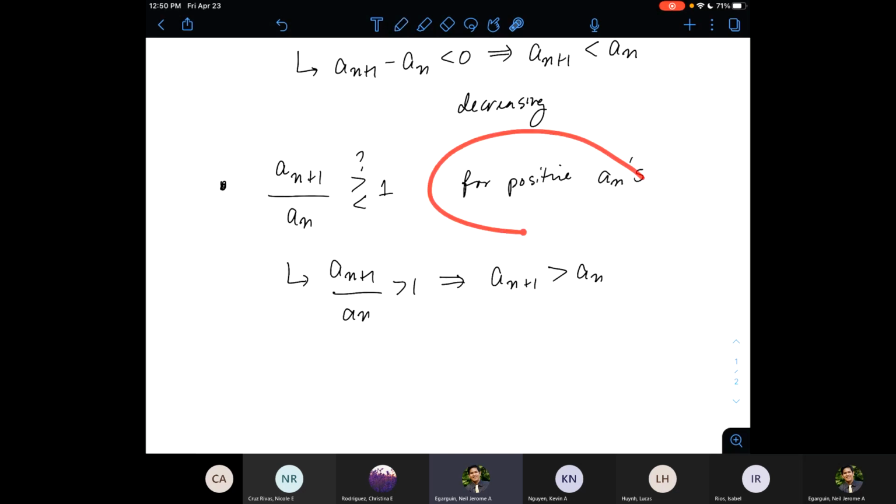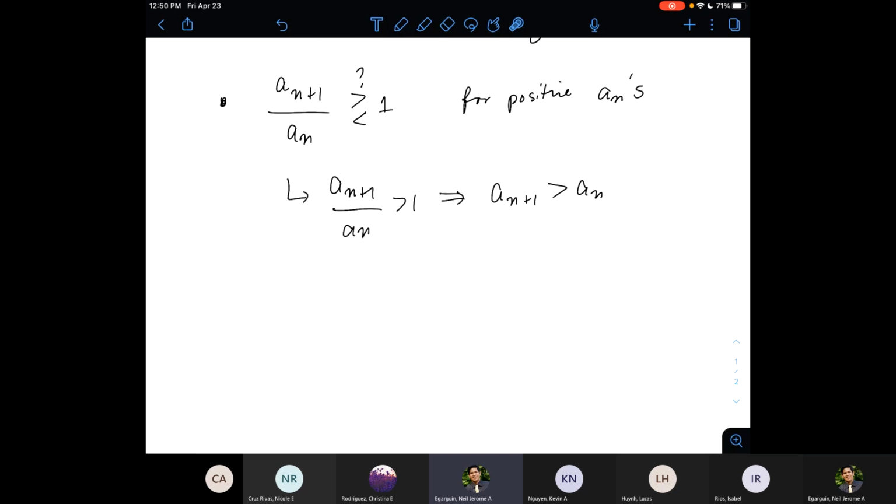I need to put that caveat here because when a sub n is positive, multiplying both sides by a sub n doesn't change the inequality, right? So if you were able to show this for all n's, then the sequence is monotonic increasing.